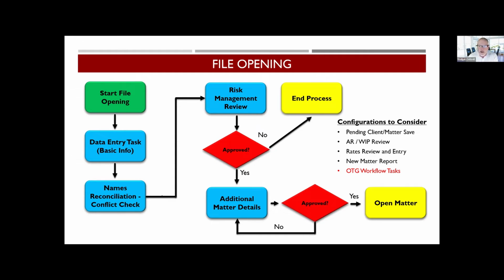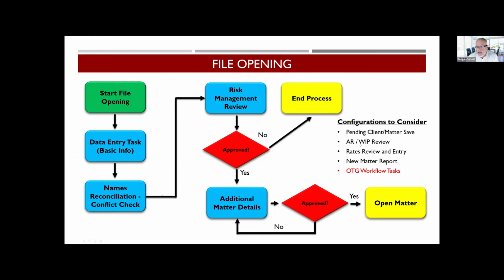So oftentimes the workflow will get sent to someone in the collections department or cash receipts to review the accounts receivable and WIP. Okay? And these balances, the AR and WIP balances, can be built right into the workflow form so that the user can see what those balances are and then determine whether it's okay to open the matter or not.